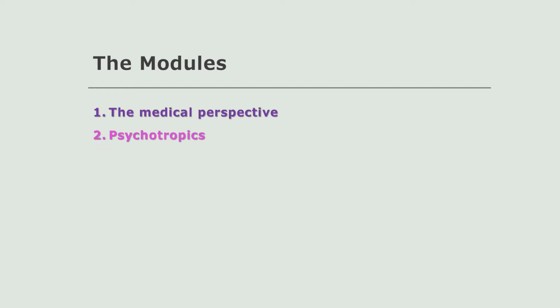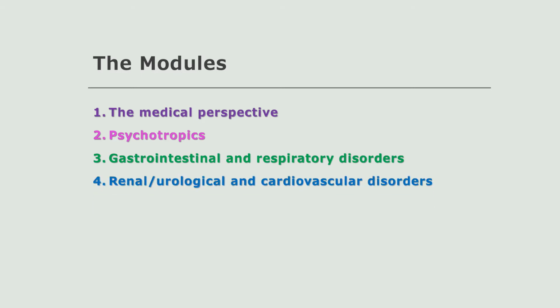In the second module, the focus shifts to the use of psychotropic drugs. The third module is mainly about gastrointestinal and respiratory disorders. Module 4 will be about renal, urological, and cardiovascular disorders, while the fifth module concerns the disorders of the central nervous system as well as the endocrine and metabolic disorders.